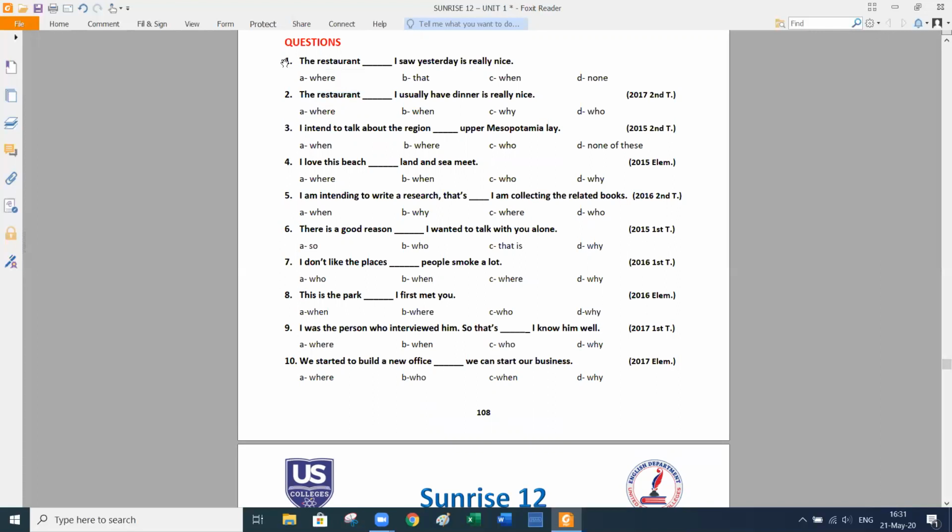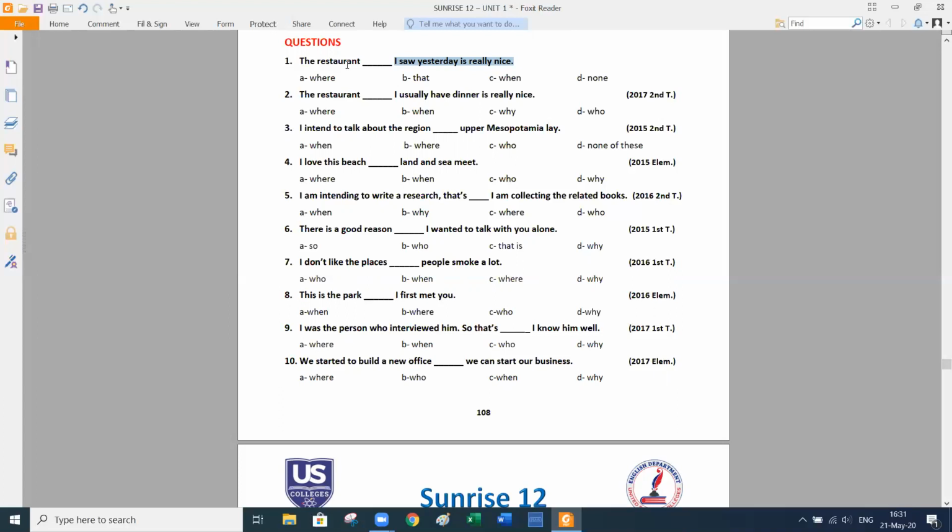The first question here is not a ministry exam question. Okay, it's not a ministry exam question. The restaurant that I saw yesterday is really nice. In this example, I especially put this example here in the first place to show that you need to know whether the restaurant is a subject or object.